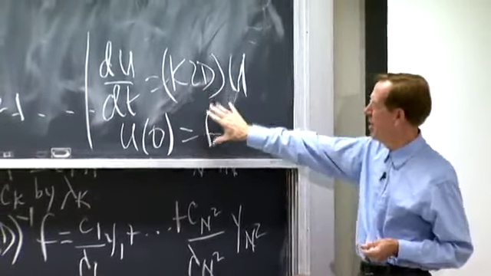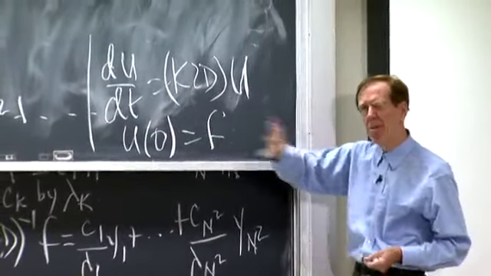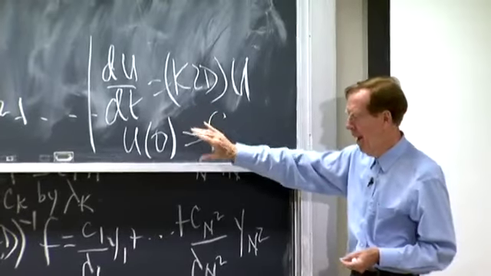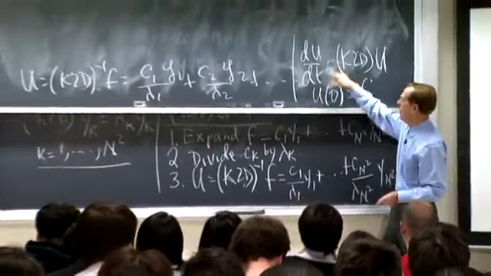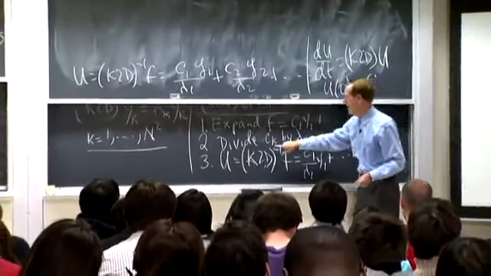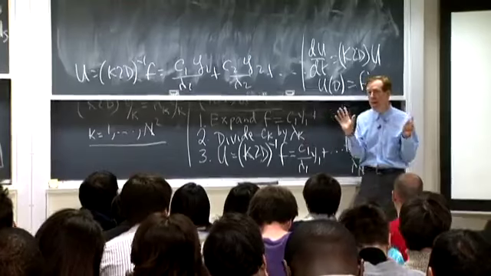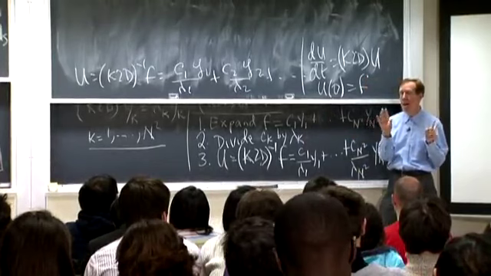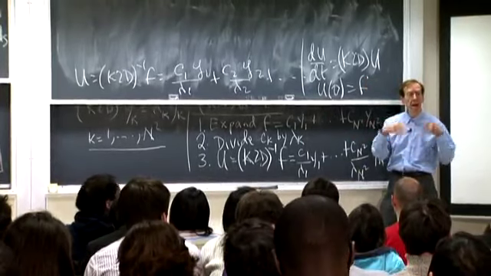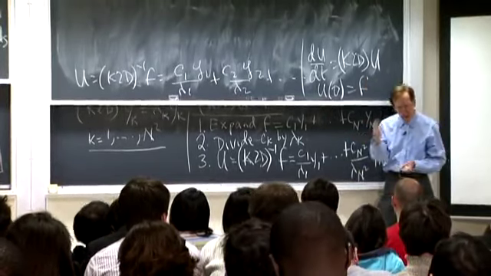How did we solve these equations? I expanded F in terms of the eigenvectors. And then what was step 2? For the differential equation, I didn't divide by lambda K. What did I do? I multiplied by e to the lambda K t. You see, it's the same trick.